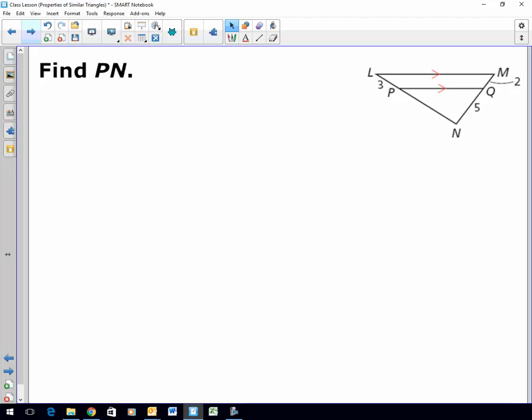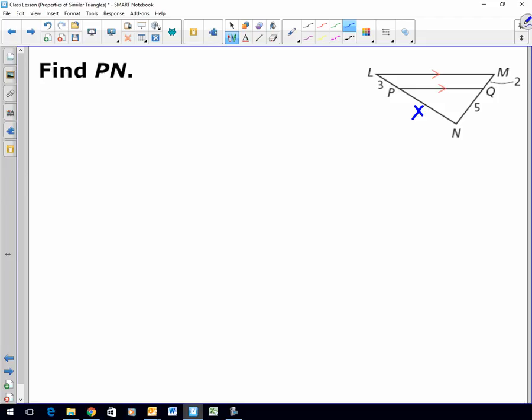Find PN here. Take a couple minutes. Write down the diagram. Solve it away. What side am I trying to solve for here? PN, correct? So this is my X. LM is parallel to PQ.